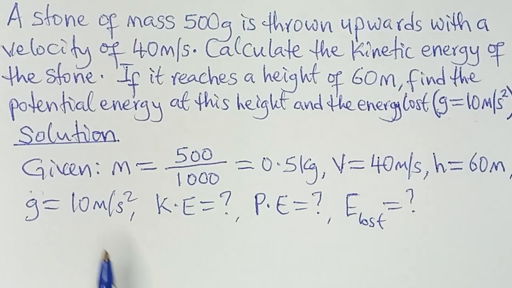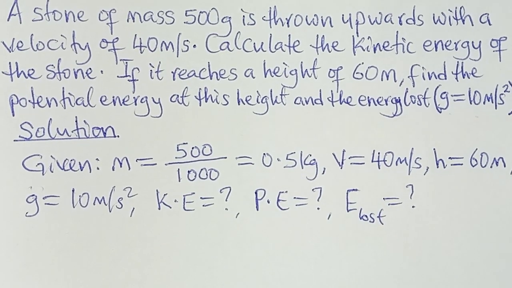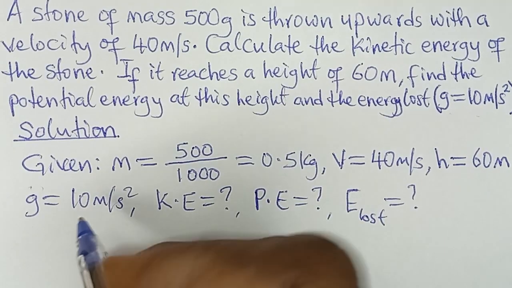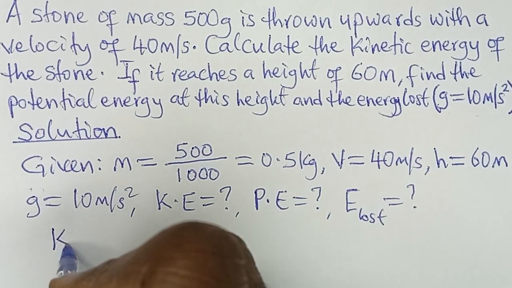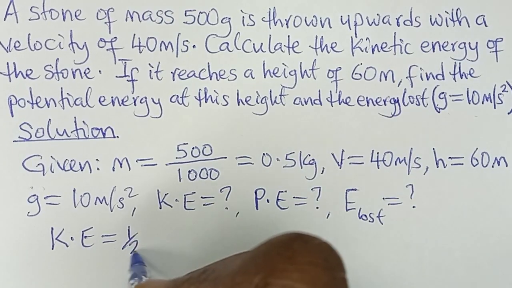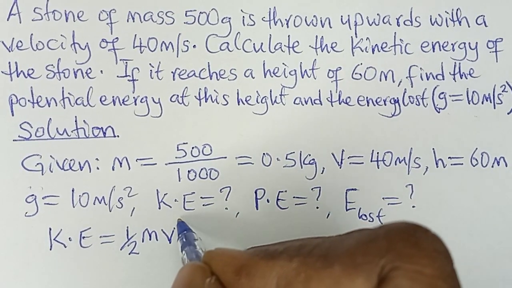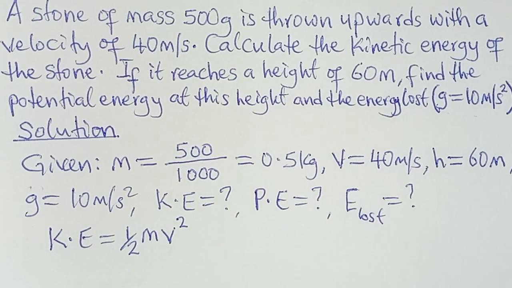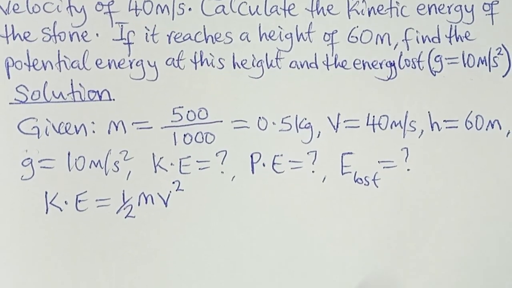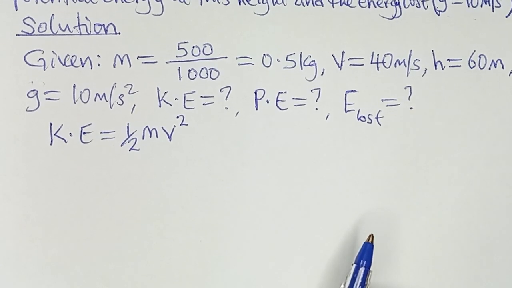The first question is to find the kinetic energy. And I want to believe that we already know the kinetic energy formula. That kinetic energy is half multiplied by the mass multiplied by the square of the velocity. So the formula for kinetic energy is half mv squared.